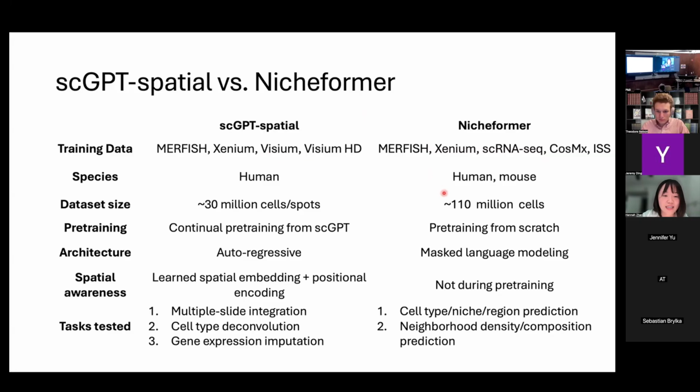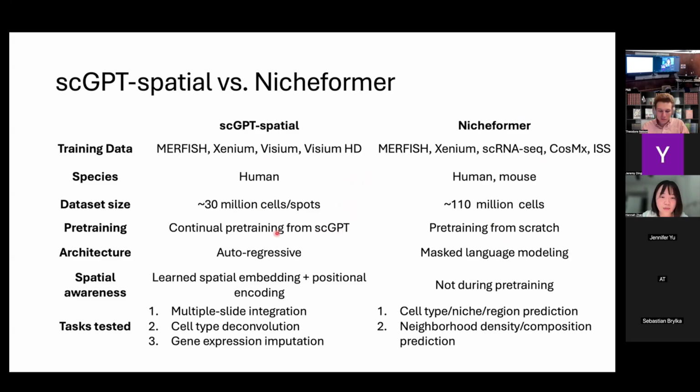The dataset size for scGPT Spatial is about 30 million cells or spots, and for Nicheformer about 110 million cells. scGPT Spatial is pre-trained from scGPT, a single-cell foundation model that the authors published, and Nicheformer is trained totally from scratch.